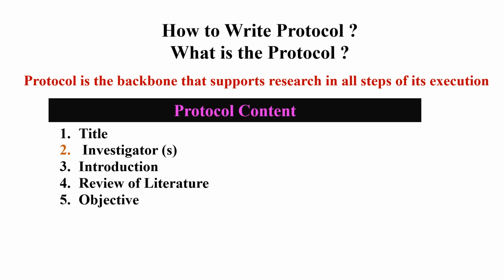Then the objective. The objective is exactly what is intended to be achieved by the research, and then we need to write the hypothesis. We must write a clear statement of what hypotheses are under test.